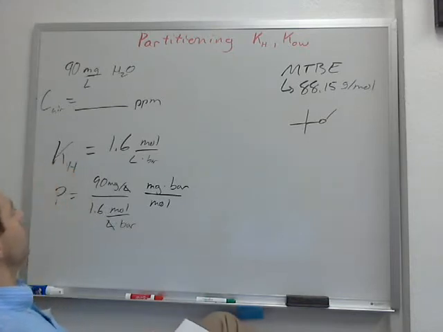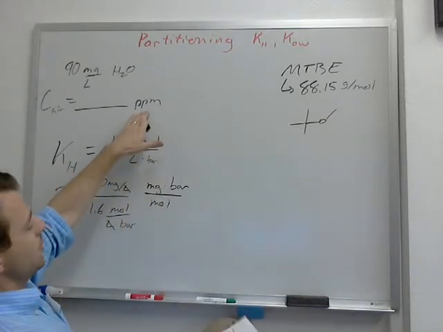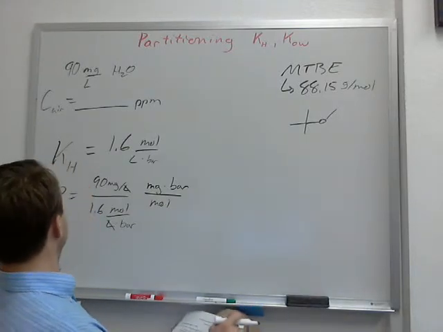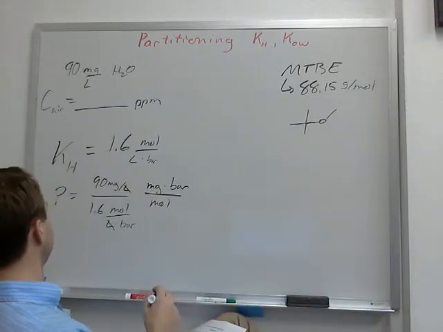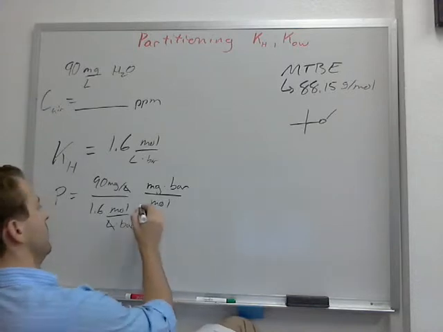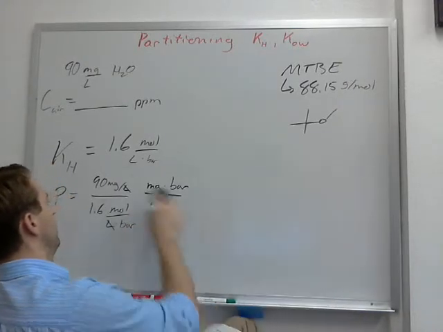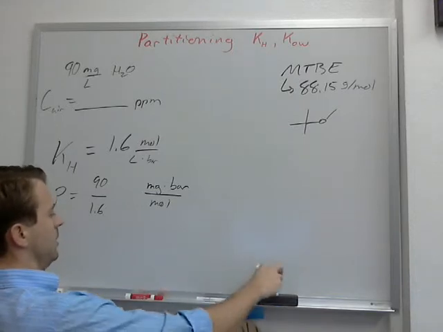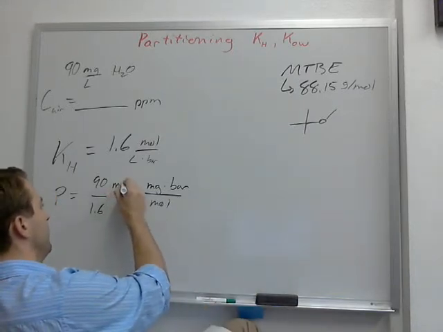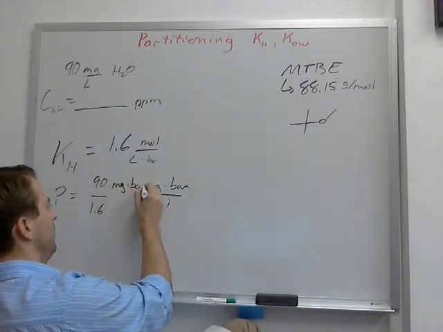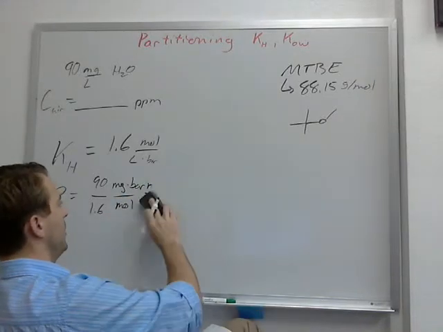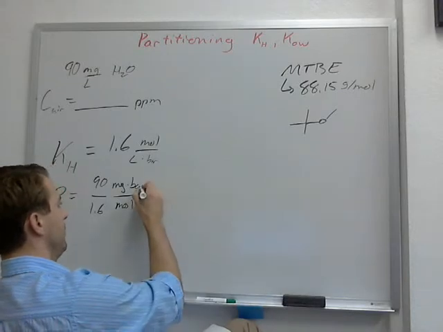And we're looking for parts per million, so we need to get rid of all of our units to express this properly. So 90 divided by 1.6 milligrams bar per mole. Alright, sorry that's kind of taking me a while, but we'll move on with it.